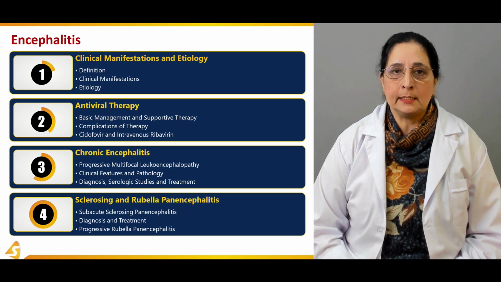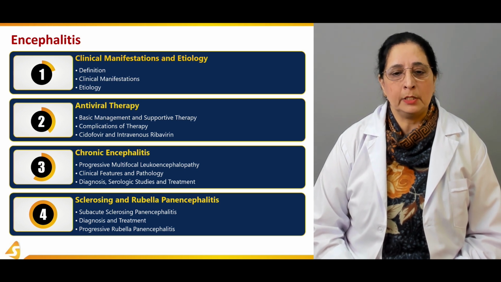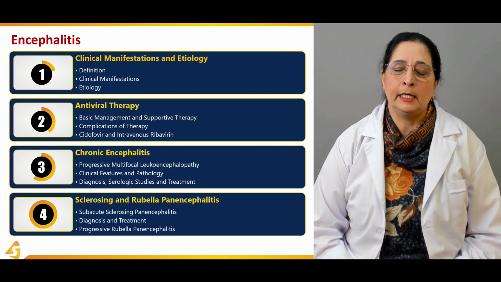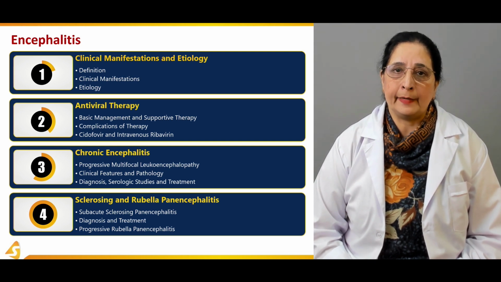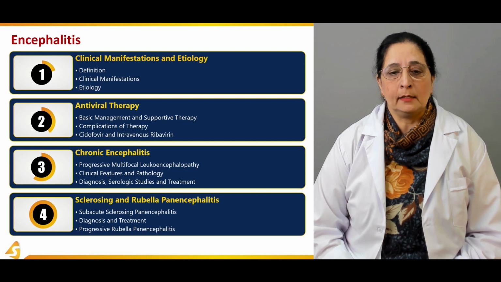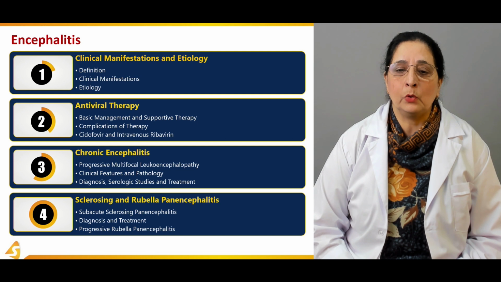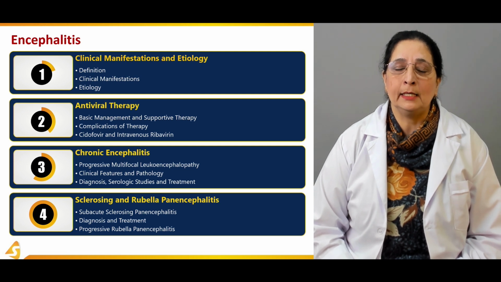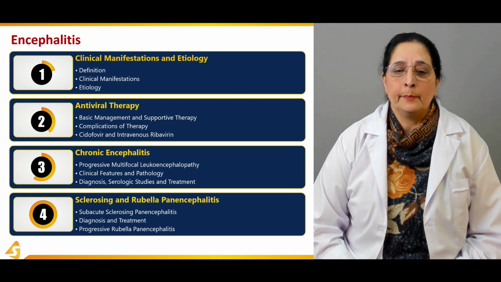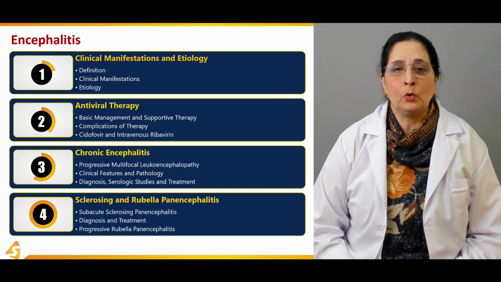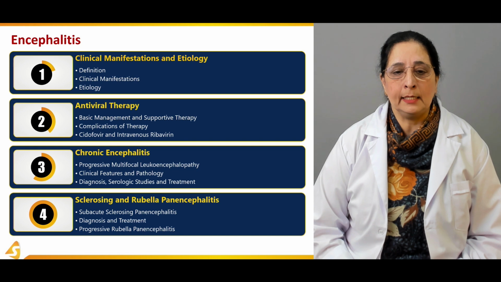Then in the third section, we will talk about the conditions that come under the chronic encephalitis, and these are the progressive multifocal leukoencephalopathy, which is PML, progressive multifocal leukoencephalopathy.